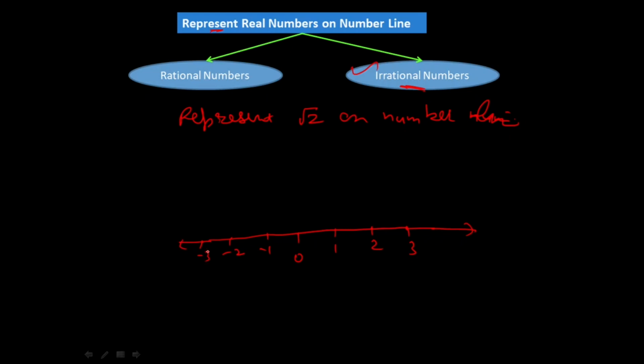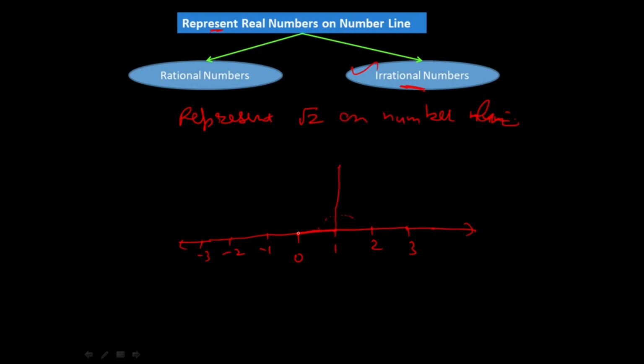What I need to find? Under root 2. I pick 1 unit anywhere. So best way is to pick this 1 unit. I am picking this one, 0 to 1. Draw a 90-degree angle over here from this side. You know how to use compass. So I draw a perpendicular at point 1 here.